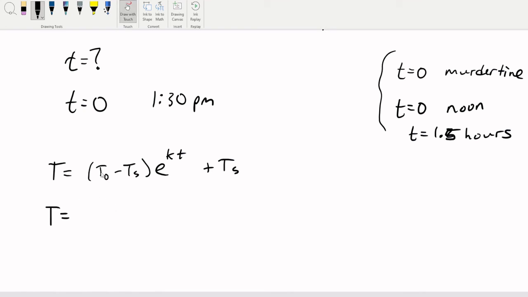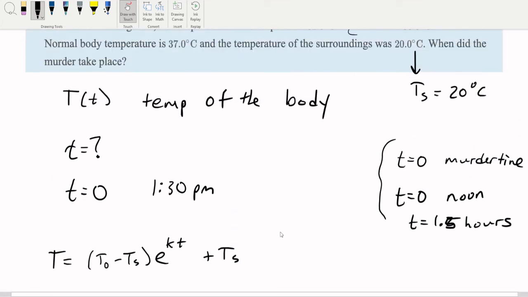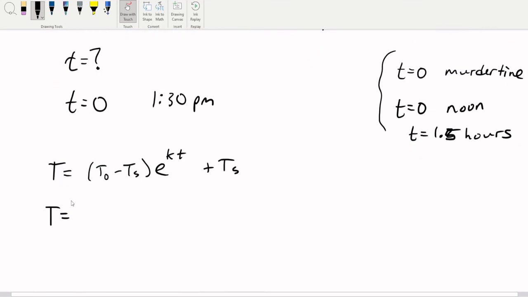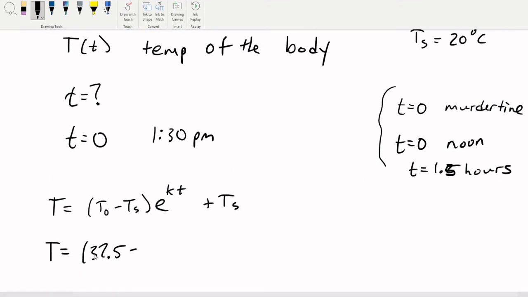We have to be a little careful here. T0 is the temperature at time 0, but that's 1:30 p.m., right? So let's go back here. That was 32.5 degrees. So 32.5 minus the surrounding, which is 20 degrees, e to the kt plus 20.